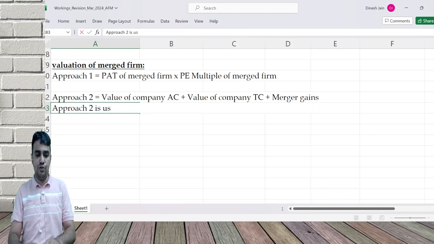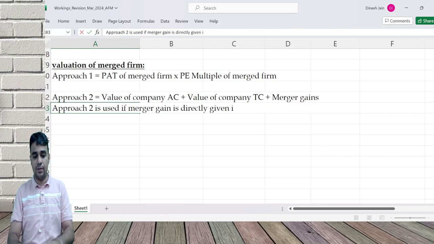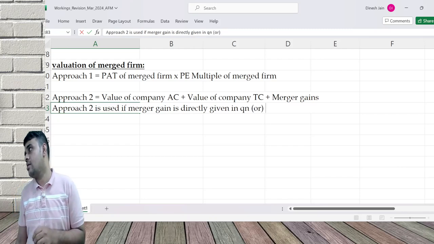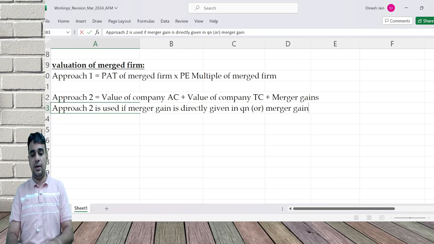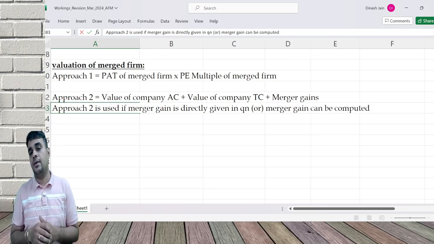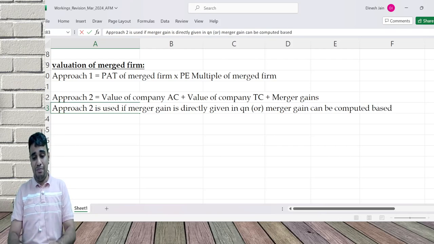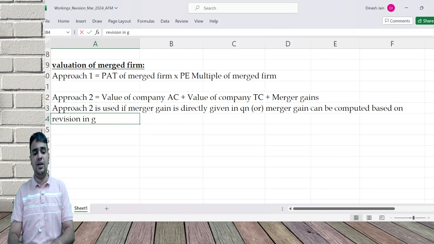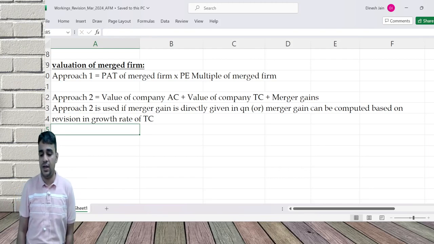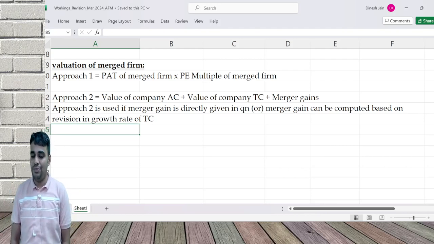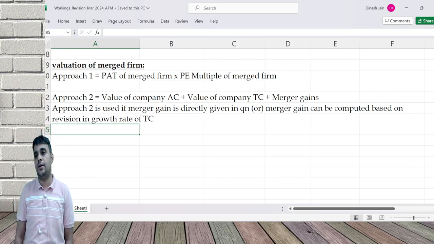Approach 2 is used if merger gain is directly given in the question, or merger gain can be computed based on revision in growth rate of target company. You will understand this as we proceed.